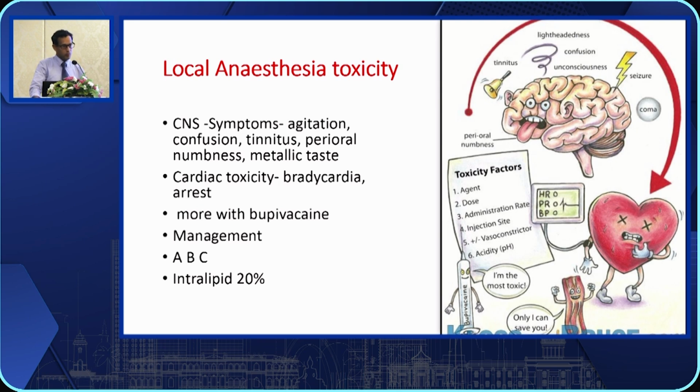Bupivacaine is more cardiotoxic. Lignocaine is more CNS toxic. In CNS toxicity, patients get numbness, tinnitus, metallic taste. Those are the initial symptoms. Cardiac arrest and bradycardia are late signs in lignocaine toxicity, but bupivacaine is more cardiotoxic.